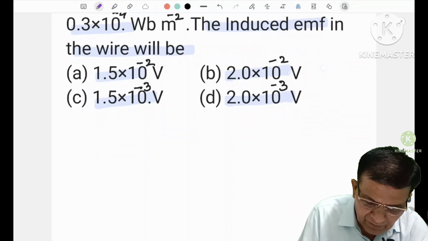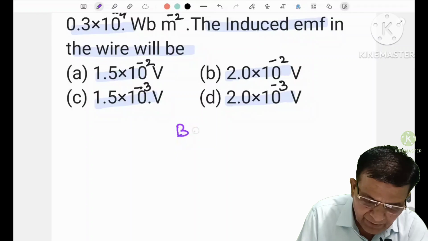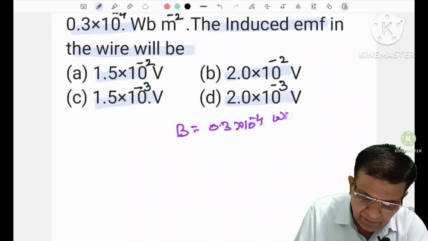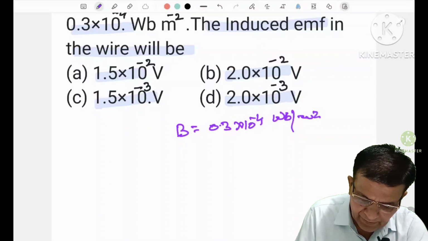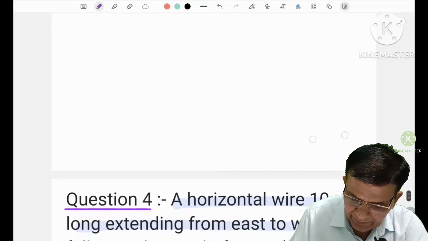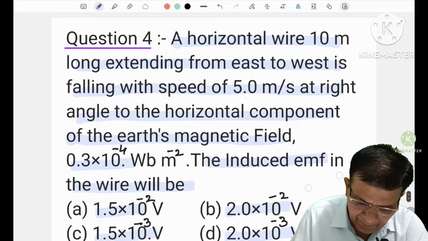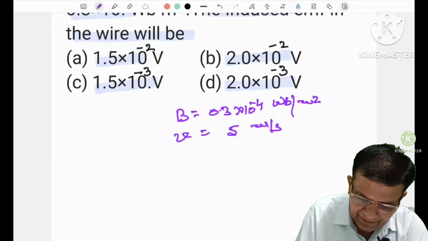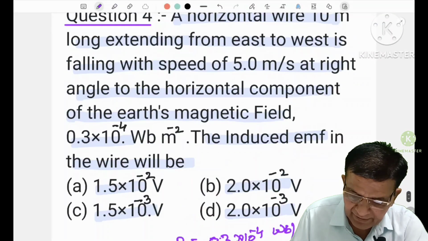The magnetic field involved है horizontal B is 0.3 into 10 to the power minus 4 Weber per meter square. V speed is जो falling speed है 5 meter per second और length is 10 meter.